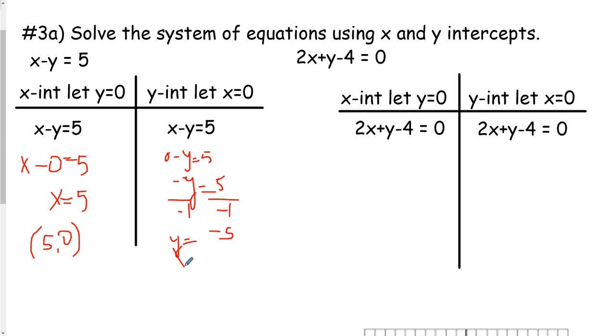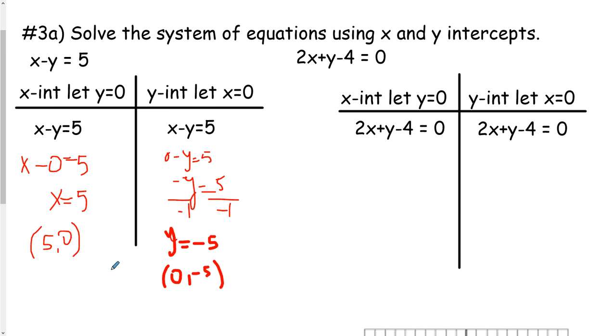That coordinate is going to be 0, comma, negative 5.